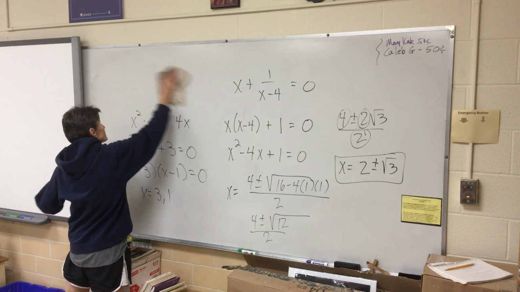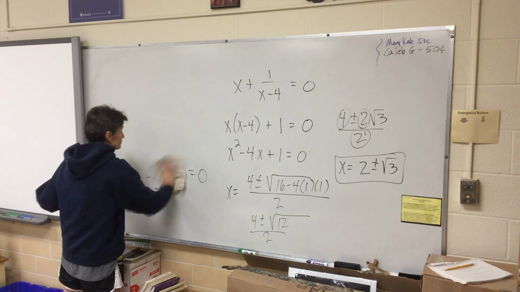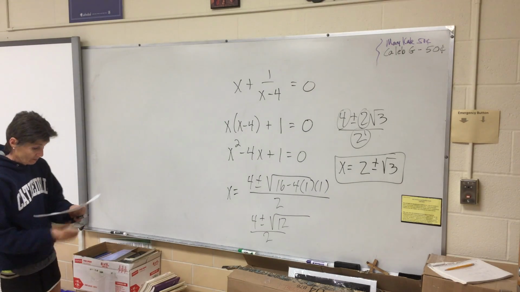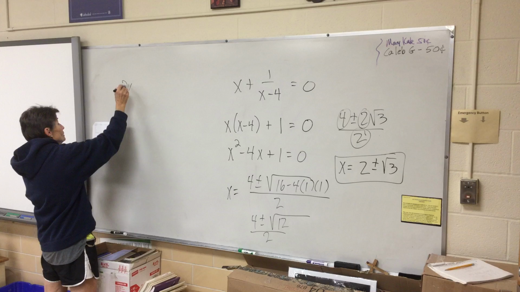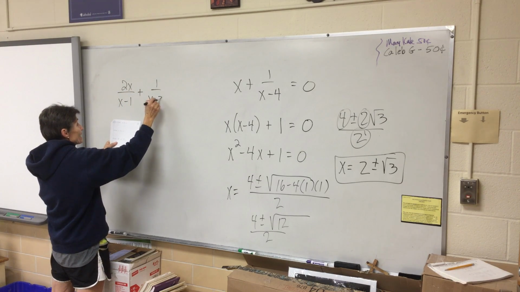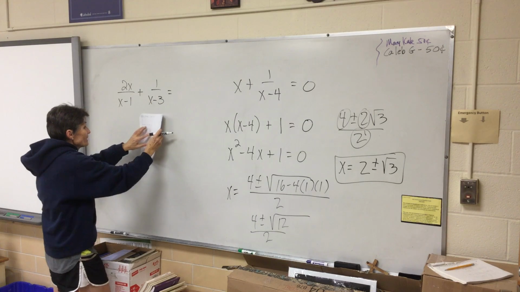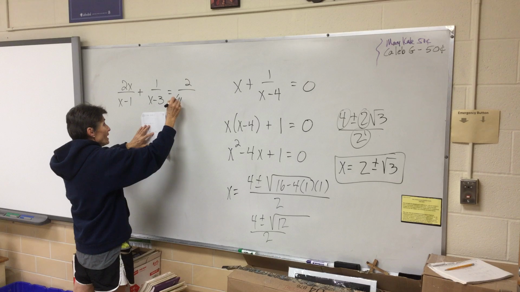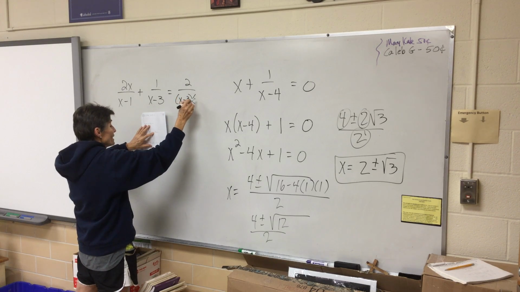All right, let's look at the next one. I'm going to save myself a second here, and as I copy it down, I'm going to go ahead and factor this last denominator.